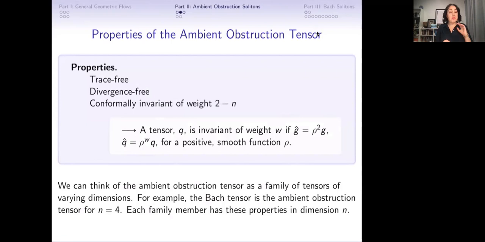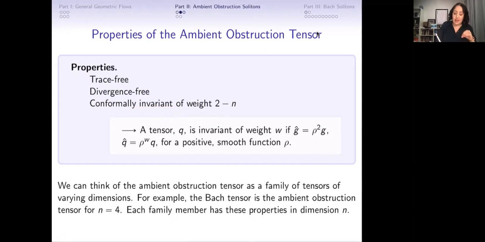Well, the ambient obstruction tensor, when considered for its properties, is actually a really nice tensor. So a few of its properties: it is trace-free, it is divergence-free, and it's conformally invariant of weight 2 minus n. Now, I say conformally invariant of weight 2 minus n.